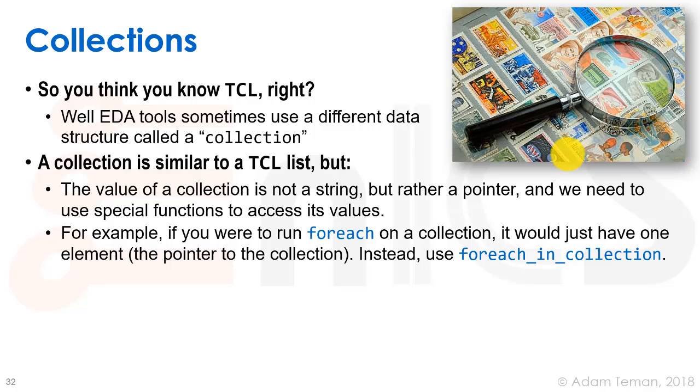The thing is that if we do anything like a foreach or different Tcl operations on a collection, we're actually just seeing this string, which is the pointer to where the collection is in memory. So you can't run a foreach on a collection, because you'll run over these different pointer values and not actually what's inside the collection. Therefore, there's a bunch of collection-specific functions that allow us to do things with collections. For example, instead of running foreach on a collection, we would run foreach_in_collection.